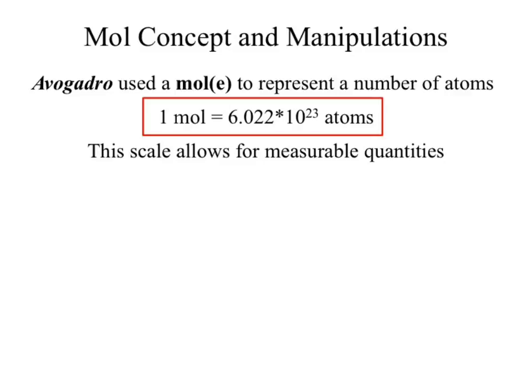Let's pick a really simple atom. Let's pick a hydrogen atom. Let's see, I'm doing this on the fly, so hopefully I do this right. If we pick a hydrogen atom, I want to know the mass per mole for a hydrogen atom.